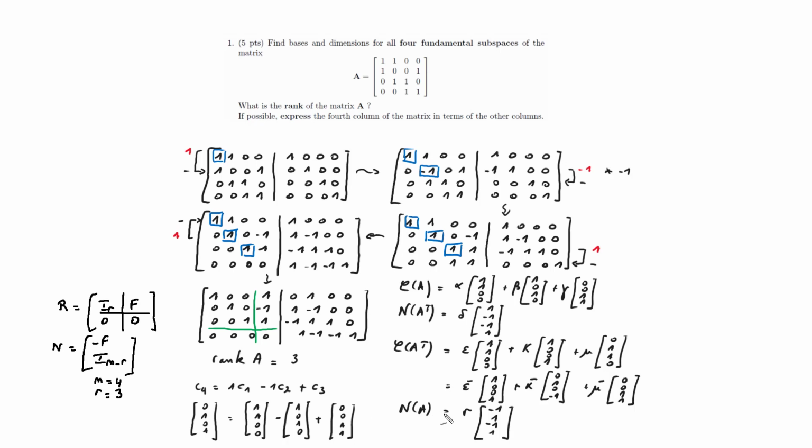So this is the null space of A, and you can check that A times this vector should produce the 0 vector. So the null space is obtained by taking linear combinations of the columns of N, but there's only 1 column. So this is what you obtain over here.